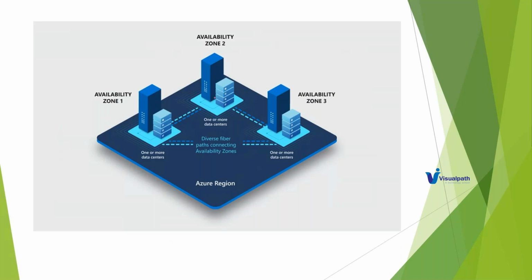I'm not aware of the geographical structure of Mumbai, but I'm assuming if one data center is in Bandra, then they keep another one in Borivali, and then another one maybe somewhere in the sea. So these three different data centers will be there, and they call one data center an availability zone.